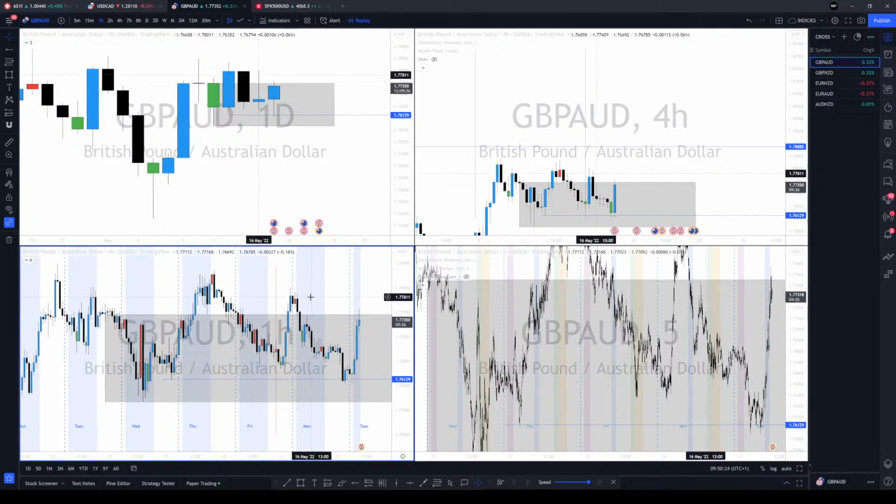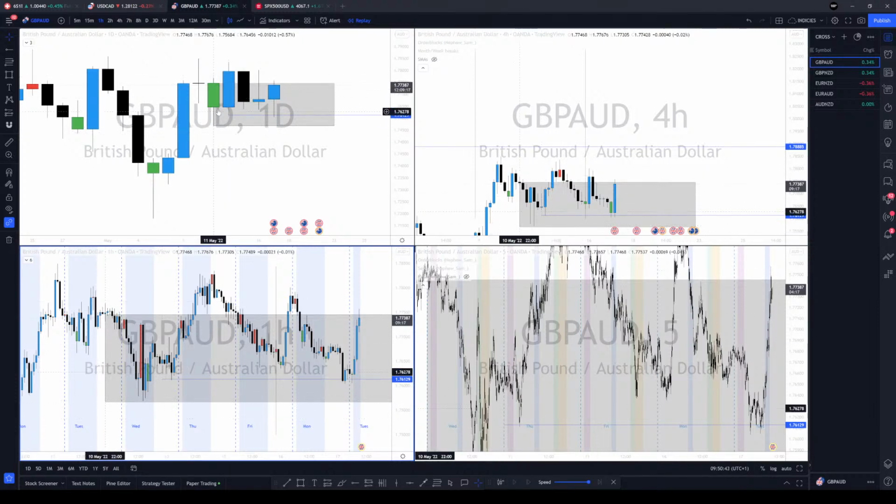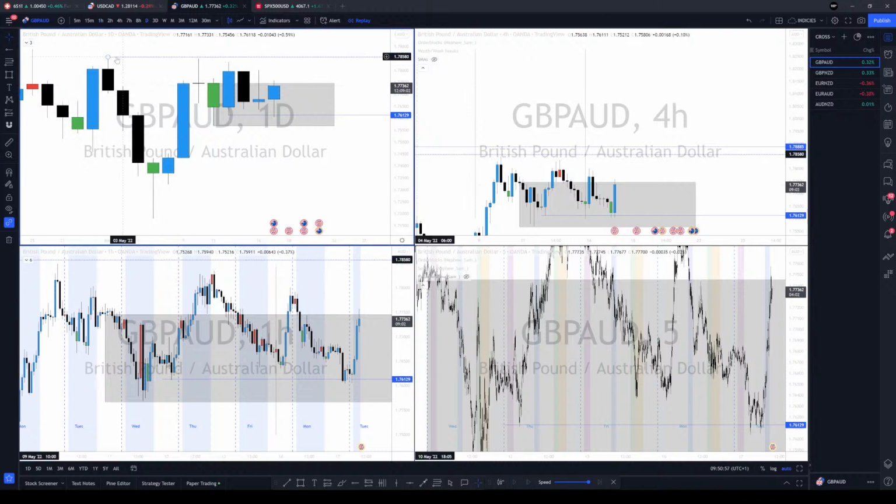So that's why I gave that long, but when it came back down, it doesn't mean it's wrong. It's still valid as long as we are inside this down candle here, right? But if we go below this, then obviously I don't need to buy anymore, because then we've changed potential direction, and then price will maybe retrace back down here. But as long as we are here, it's still valid. So I'm still bullish on that, to go for that equal high that I shared in the general chart.